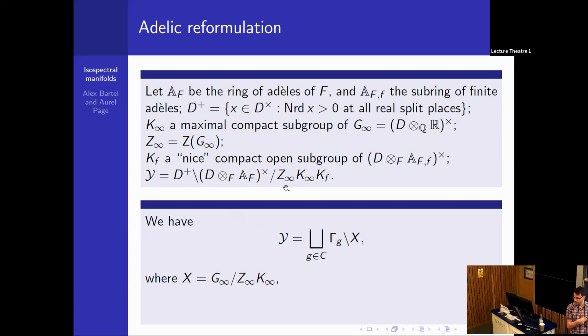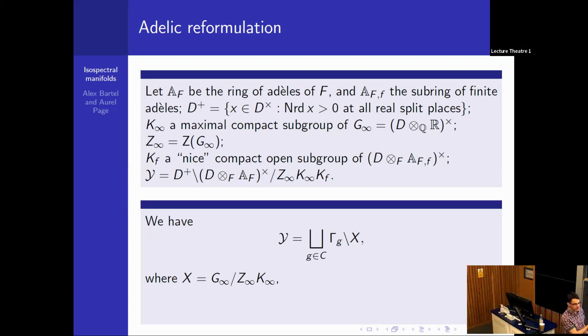So GL2R modulo the orthogonal group is basically the upper half plane, and GL2C modulo the unitary group is hyperbolic 3-space. And this adelic construction gives simply a disjoint union of actual nice honest manifolds, the ones that we saw before.